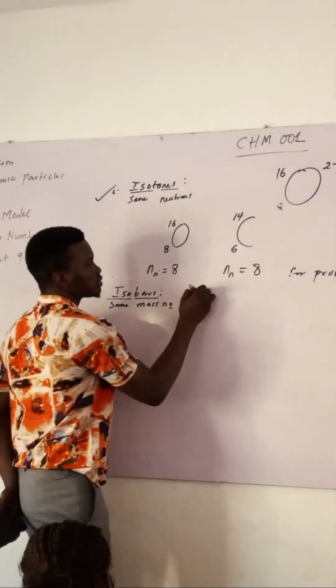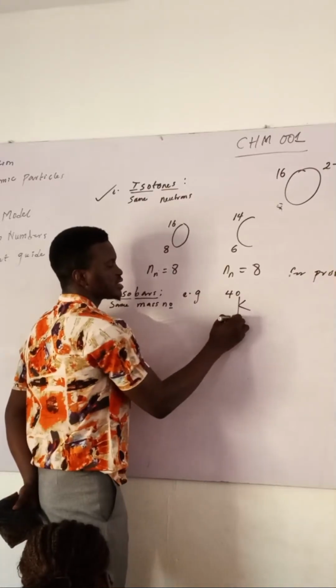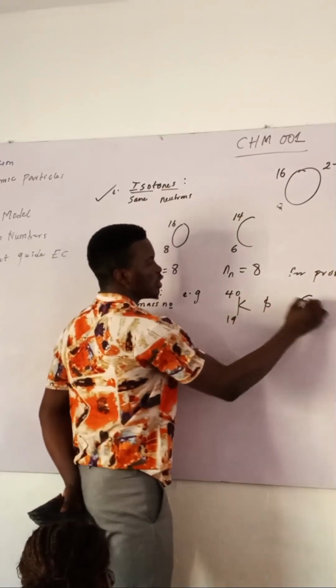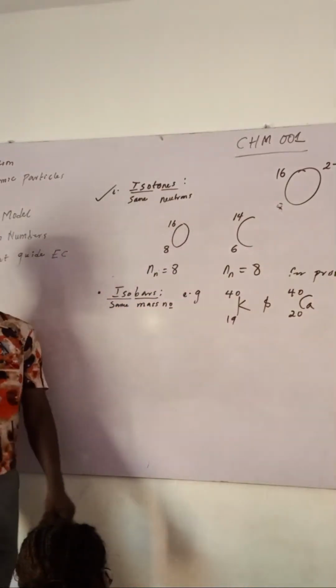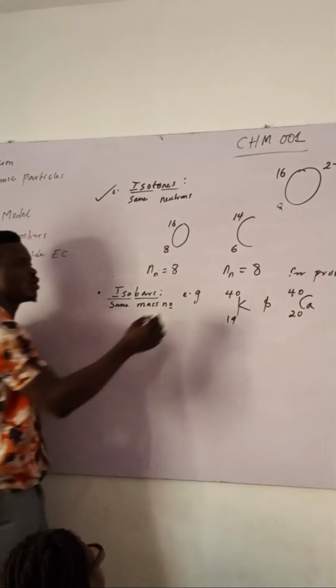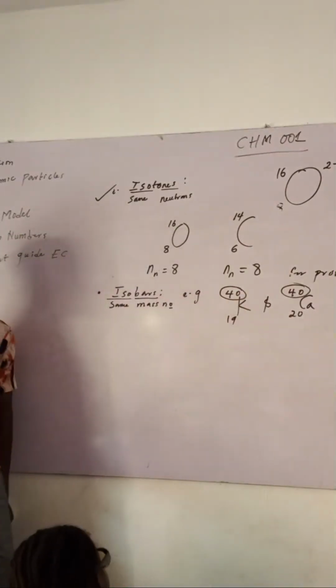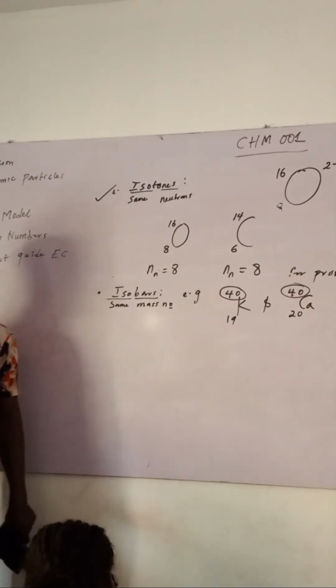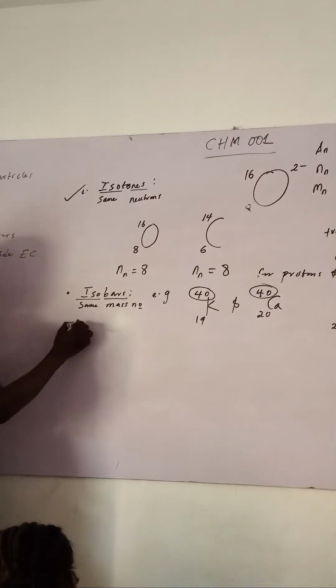For example, I have potassium 40, 19 and calcium 40, 20. Those are two different atoms, but their mass number are what? The same. So when their mass number are the same, you say they are what? Isobars. Not so difficult.